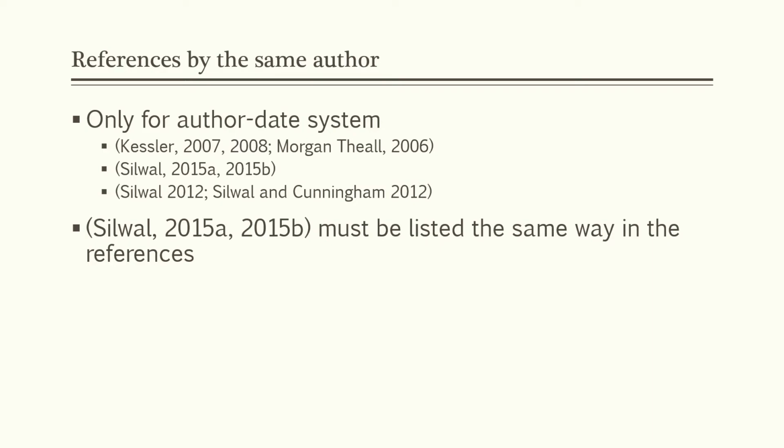If they're in the same year, then you start lettering them. So Stillwell 2015A and 2015B. And then when you write the references up at the end, the A and B has to stay with it when you write it, because these are going to be in alphabetical order. So there would be a Stillwell 2015A and a Stillwell 2015B.